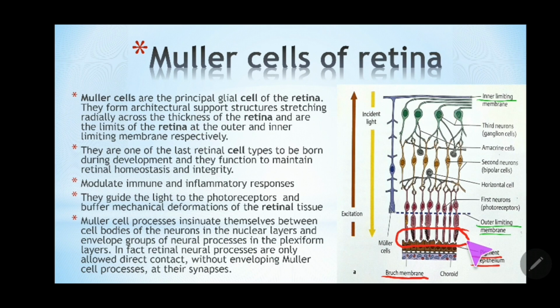Important thing is what I have drawn in this diagram, that these photoreceptors reach up to the pigment epithelium, but they do not join or get attached with the pigment epithelium.